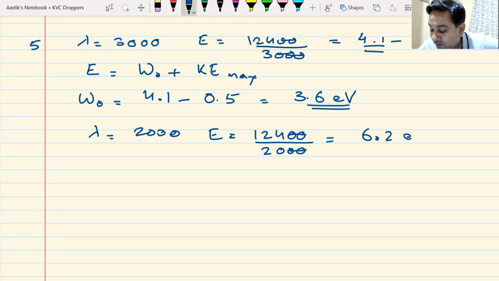So will the electron leave with more kinetic energy or less kinetic energy? More. So the answer is C. Greater than 0.